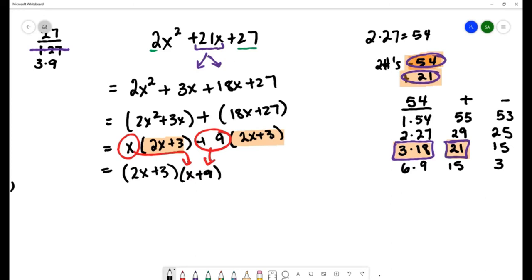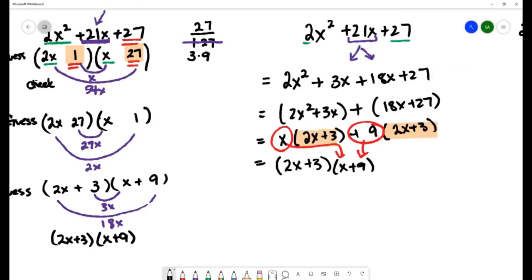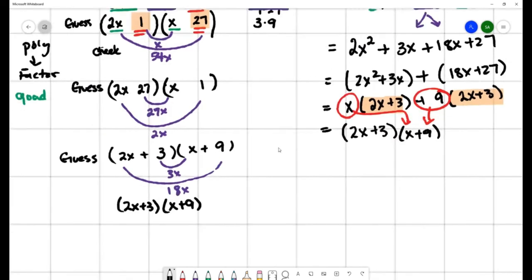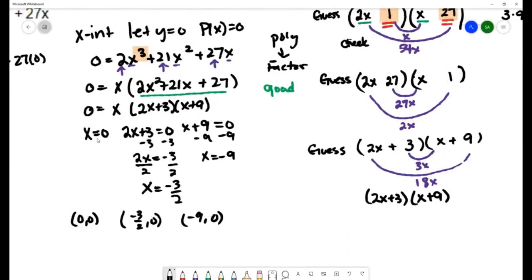And so now you've factored completely the same way that we factored with that guess and check or trial and error method. Okay, so I've shown you 2 different ways that you can factor that quadratic. And as I mentioned before, once you factor it, you set each factor equal to 0 to get those x-intercepts.